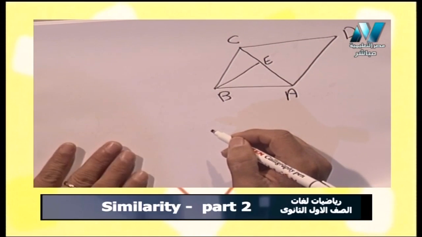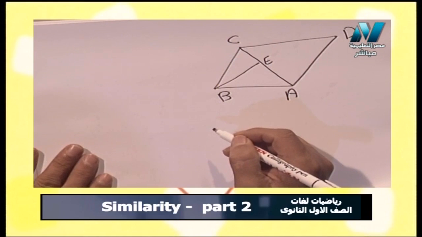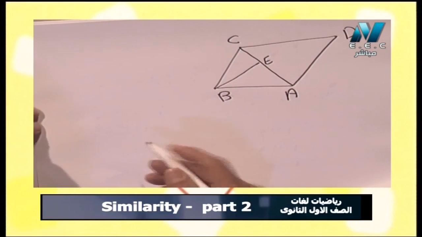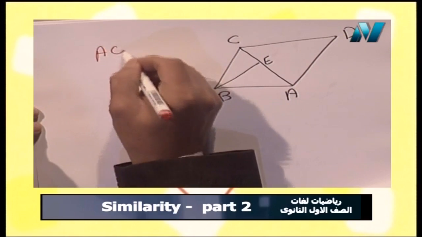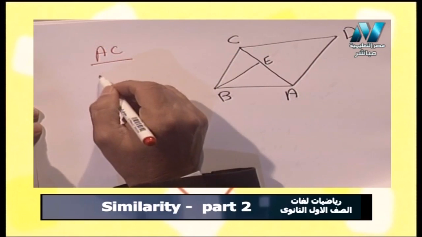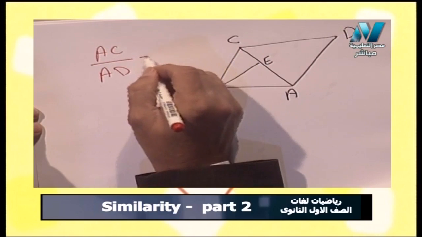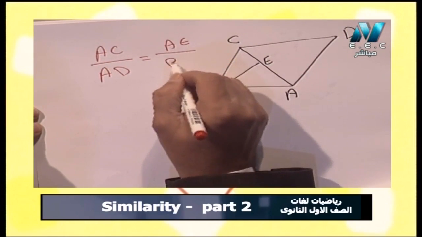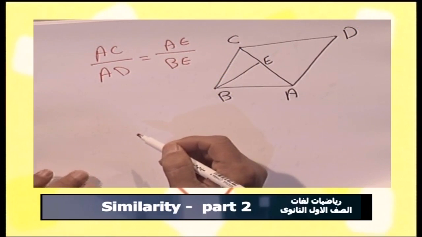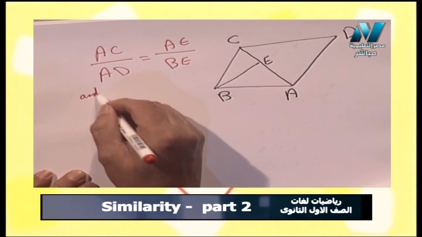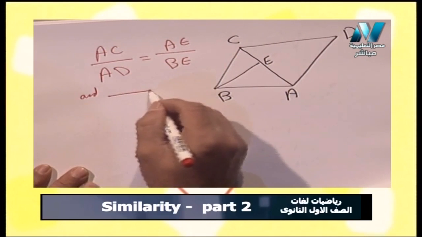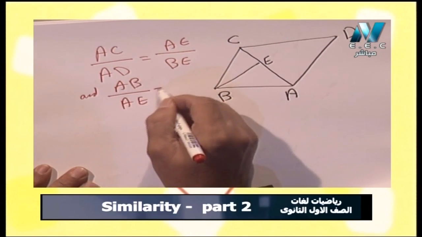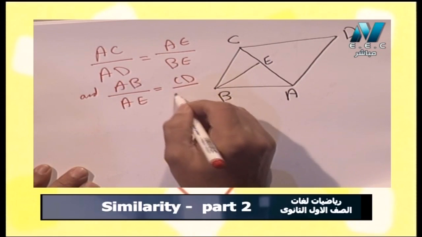And we have just the ratios. He gave me that the ratio AC over AD equals another ratio, which is AE over BE, and we have another ratio which is AB over AE equals CD over AC.